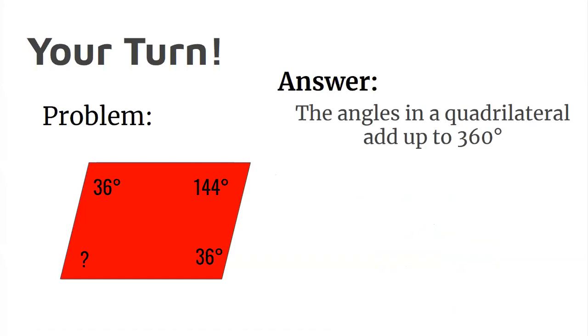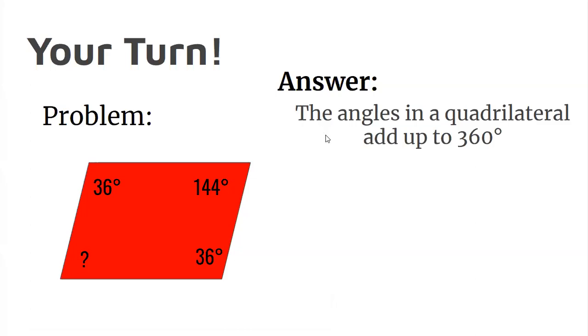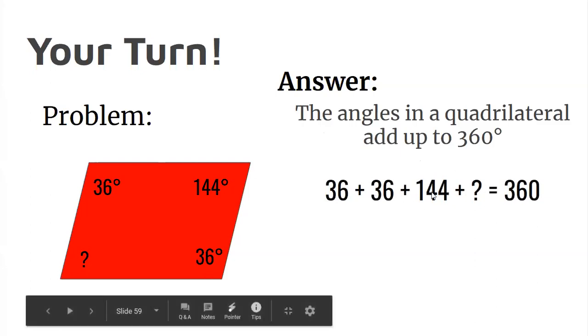Hello and welcome back. So here is the answer. As we know, the angles in a quadrilateral add up to 360 degrees. Since we have all three angles, you just add them up and put them in the equation: 36 plus 36 plus 144 plus question mark equals 360.